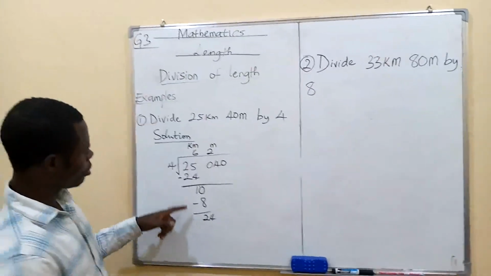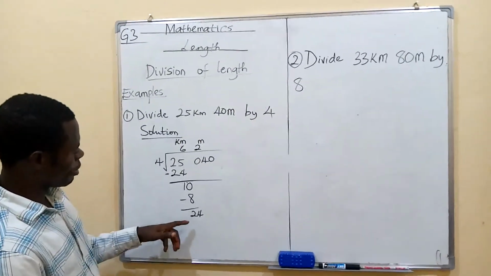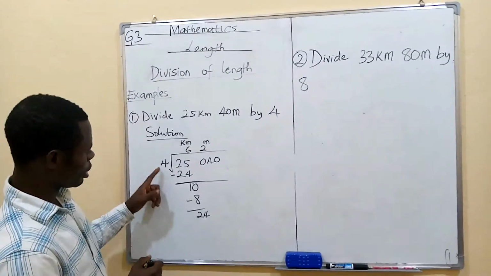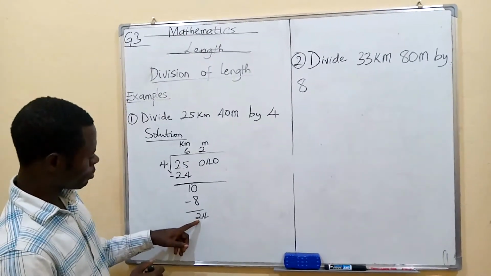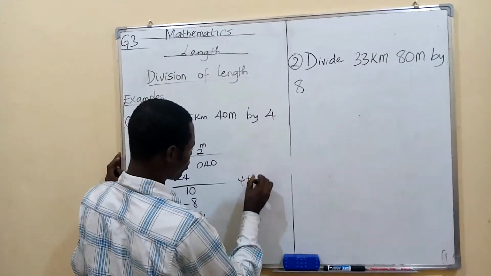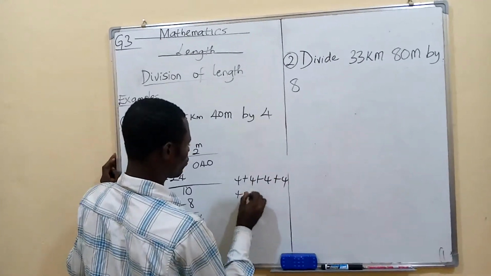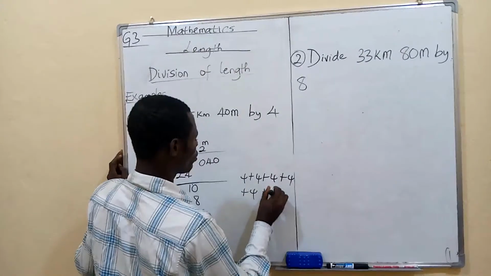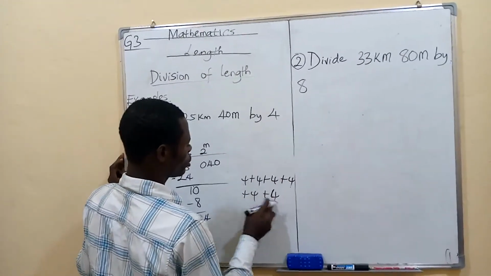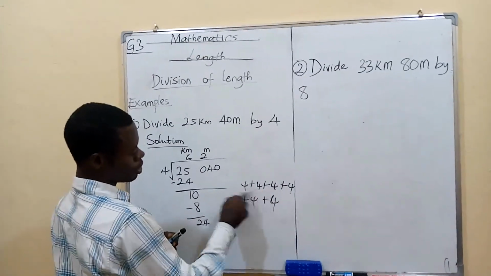Now it's 24 divided by 4. 24 divided by 4 is what? That is 4 plus 4 plus 4 plus 4 plus 4 plus 4. 1, 2, 3, 4, 5, 6. 4 plus 4 is 8.